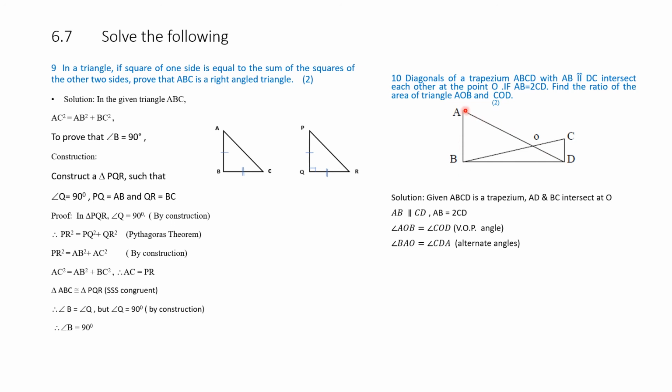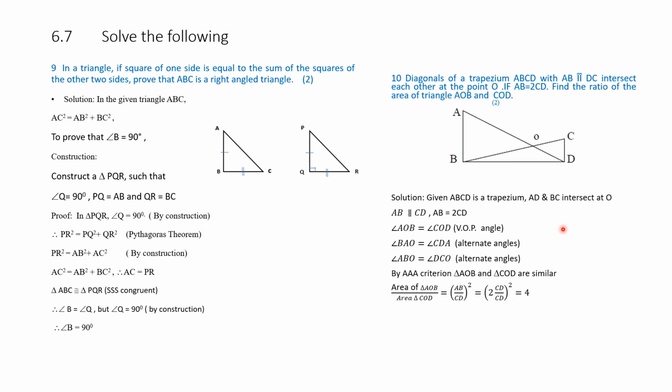This is the Z criteria, that is alternate angles, angle A is equal to angle D. And angle ABO is equal to angle DCO. This is the inverted Z, and this is also alternate angles. Therefore, by AAA criteria, triangles AOB and COD are similar.